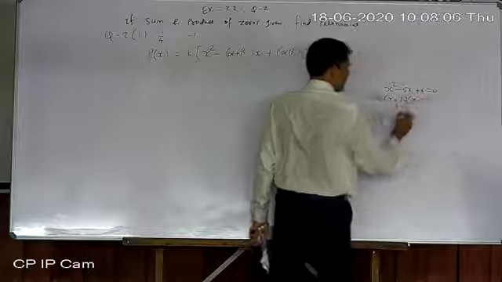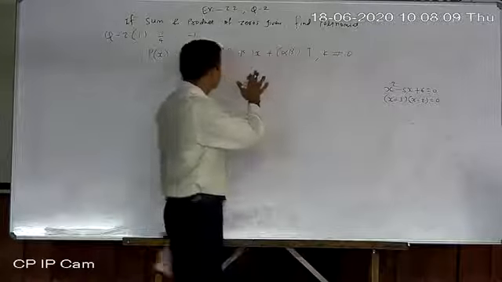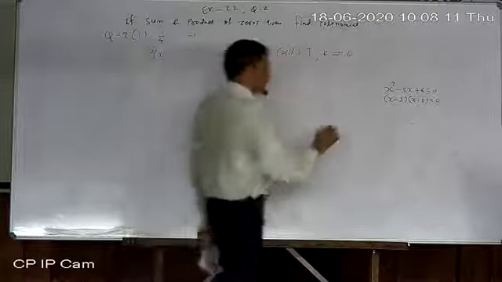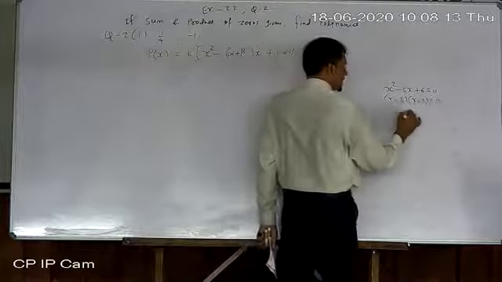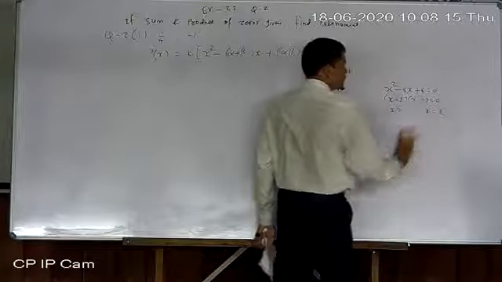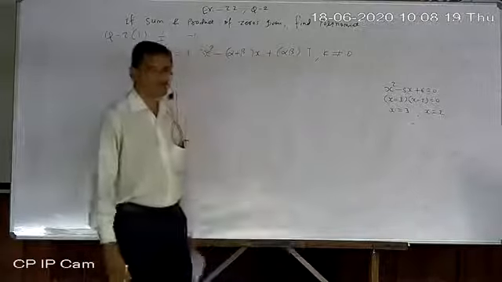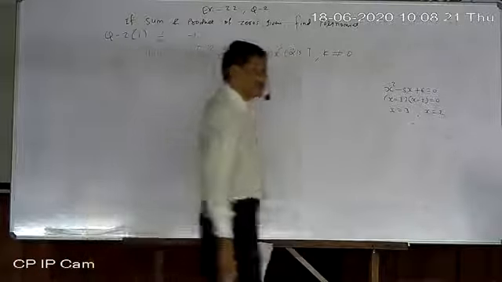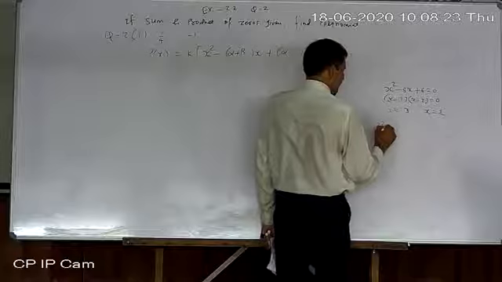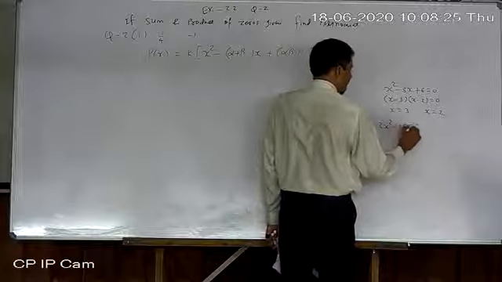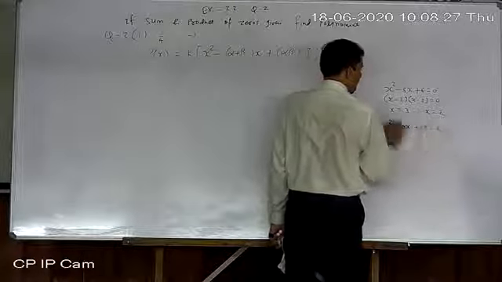I am giving one example only, nothing to do with this sum. Then you will get x equal to 3 and x equal to 2. Now instead of this polynomial, suppose you were given 2x square minus 10x plus 12 equal to 0.